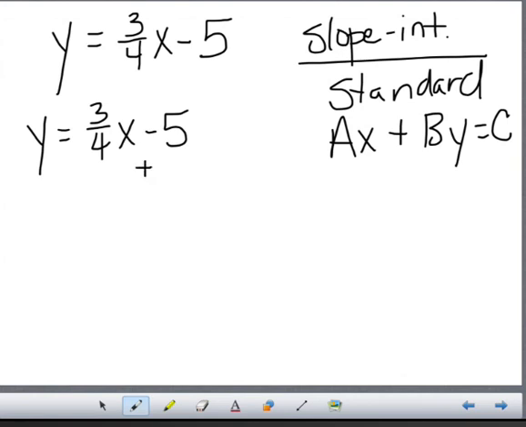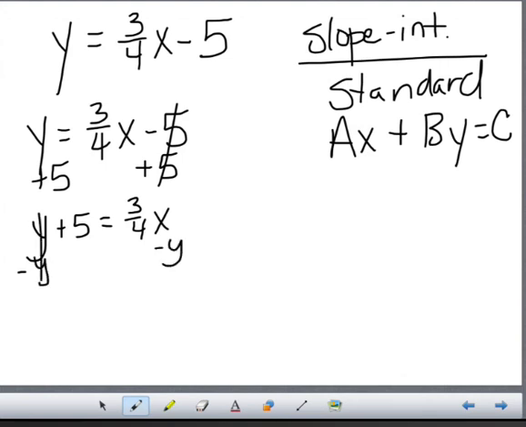So what I might first do is add 5 to both sides. So then I have y plus 5 equals 3/4 x, because those cancel each other out. Now I've got to get my x and my y on the same side, so we could subtract y from both sides. So 5 is equal to 3/4 x minus y.